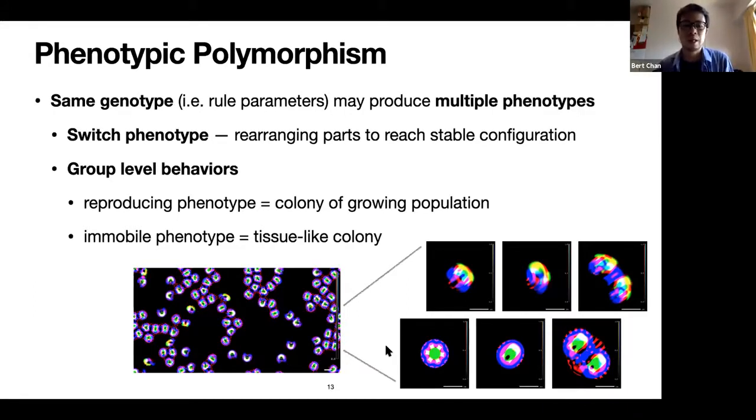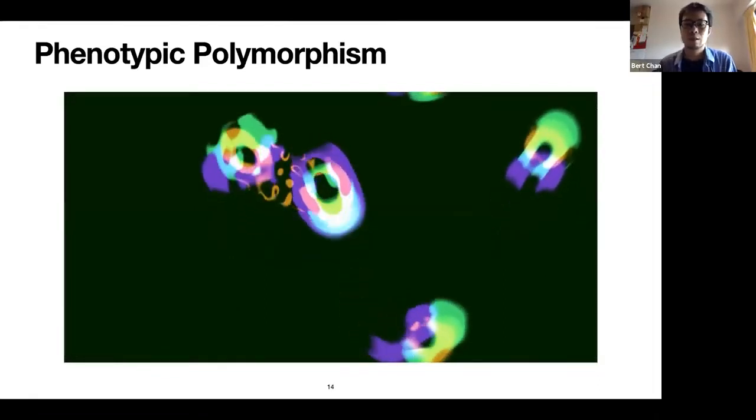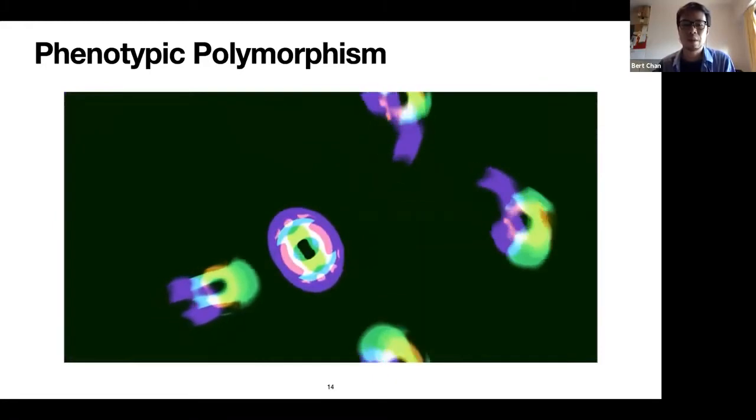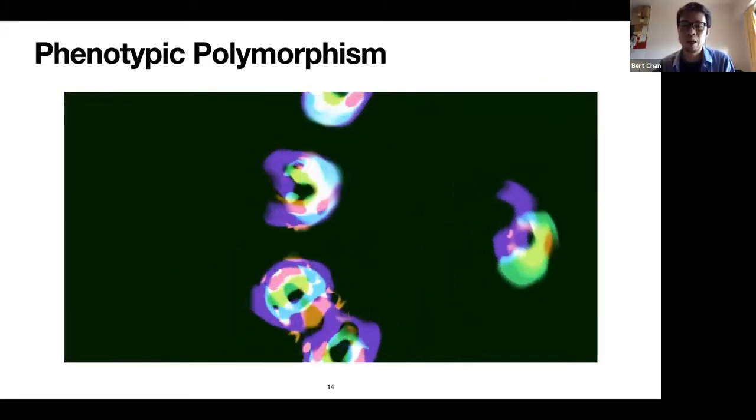It looks like some kind of multicellularity happening in this colony. And you see in this genotype, they have 6 phenotypes or more. They can interact with each other. This is an example of multiple phenotypes. They change to another phenotype when they collide.